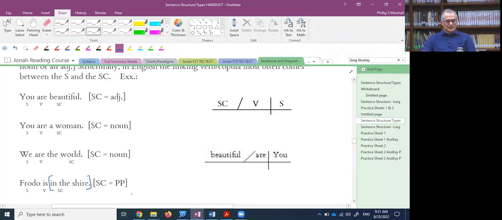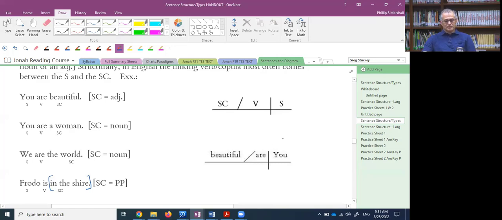Now we'll talk about how to diagram more complicated things like prepositional phrases. But for the simple ones, we have a subject and a verb as always. Notice that I've got a line that's slanted and stopping on the baseline, and the subject complement line slants in the other direction.